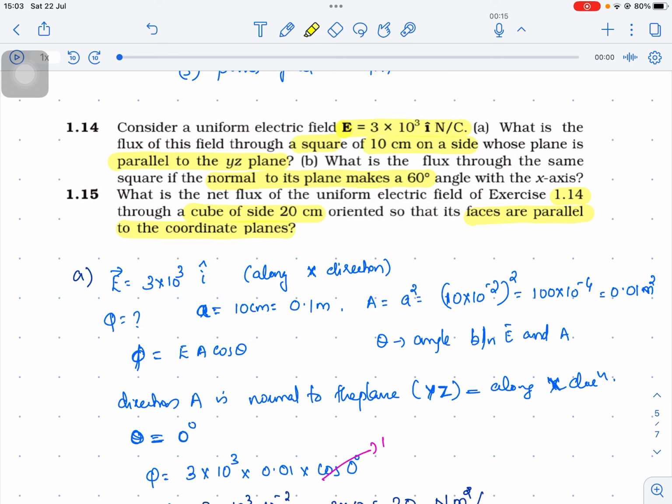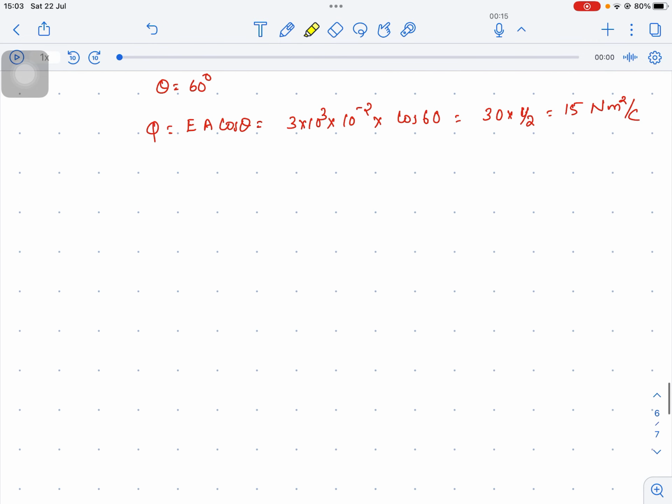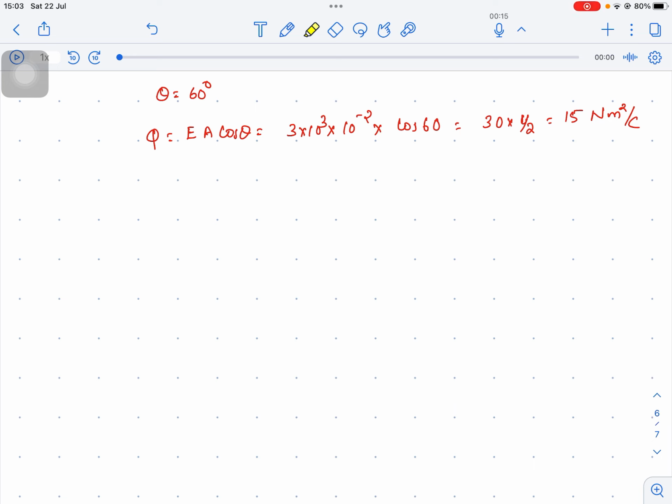This shows that the number of field lines entering into the cube is equal to the number of field lines leaving the cube.